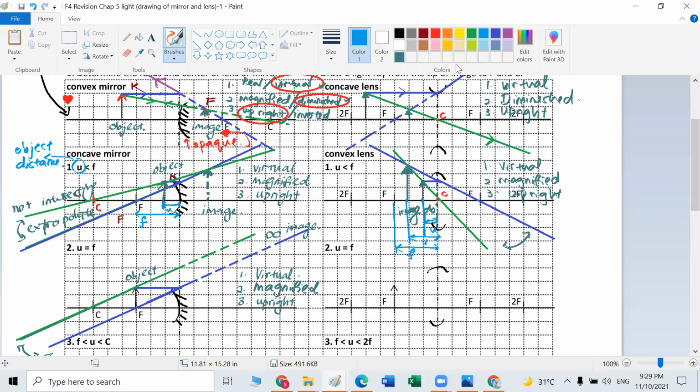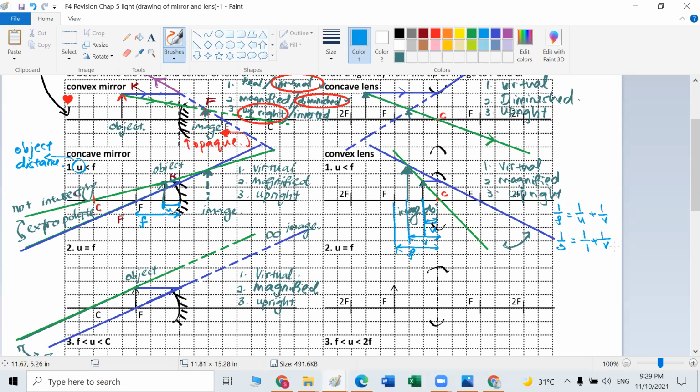So if you want to apply your formulas, okay? 1 over F equals 1 over U plus 1 over V. And we said this is 1 unit. So U is 1. F is 3. 1, 2, 3. F is 3.